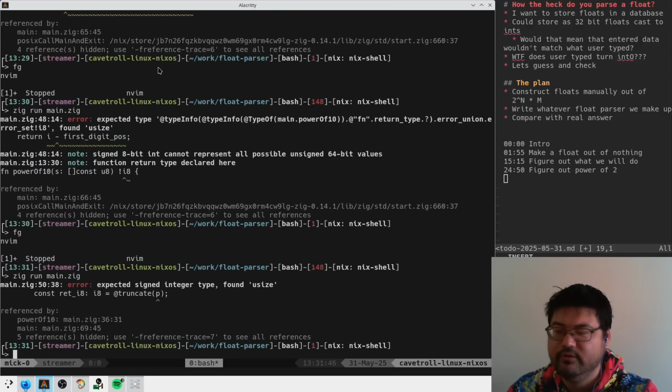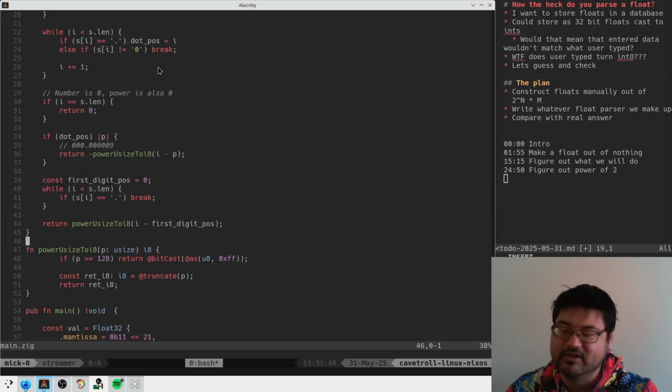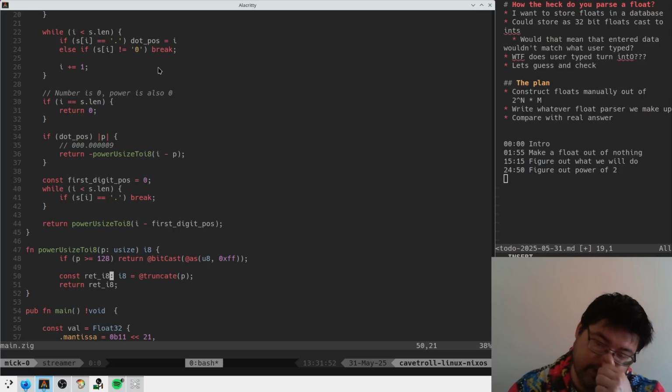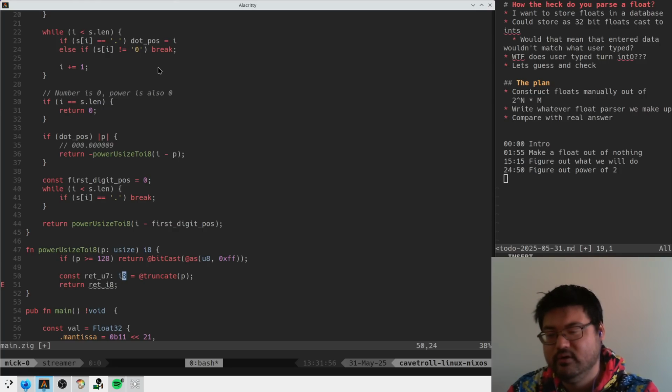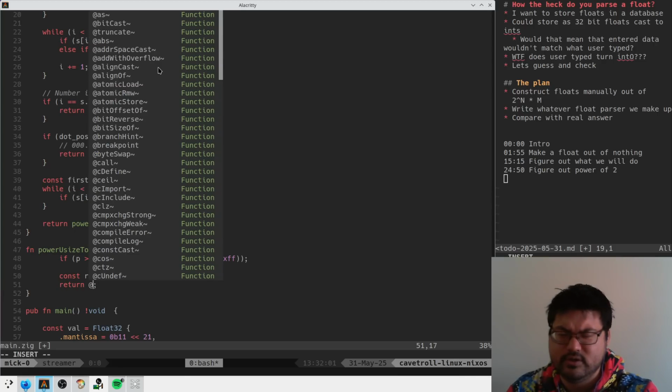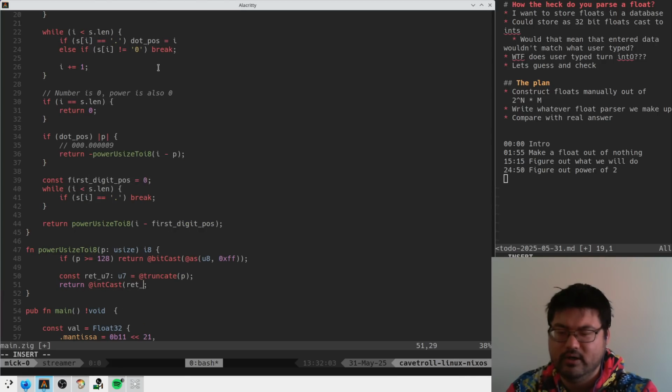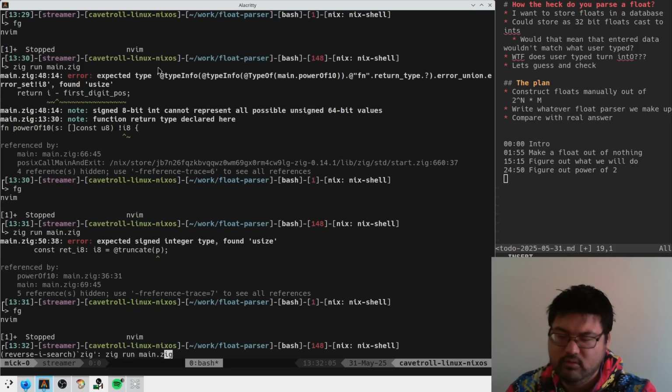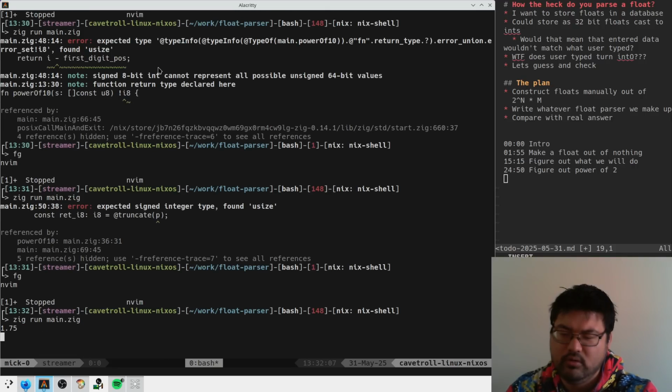This truncate doesn't let you do unsigned to signed, I guess. So int cast ret U7 or something. Okay.